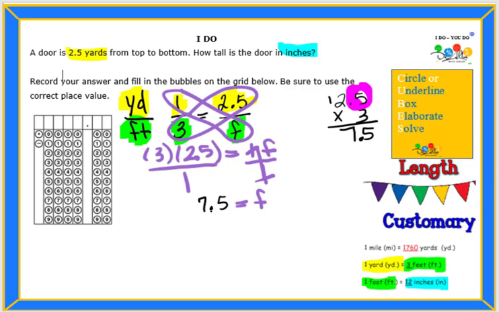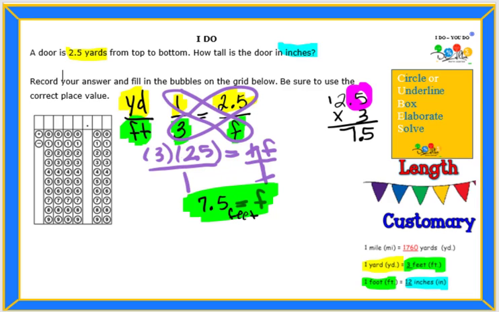So the door is 7.5 feet from bottom to top, but now we're going to change that to inches. So now that I have feet, I'm going to use the next equivalent measure, which is in my anchor chart, that says 1 foot is equal to 12 inches. So let's write that down.